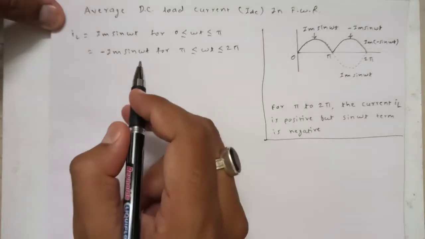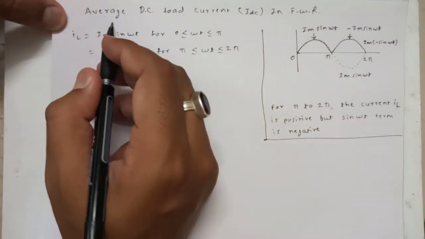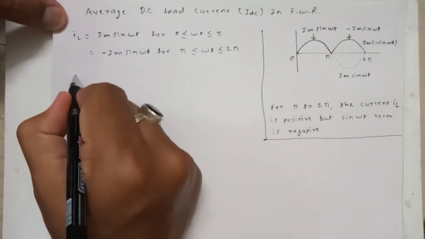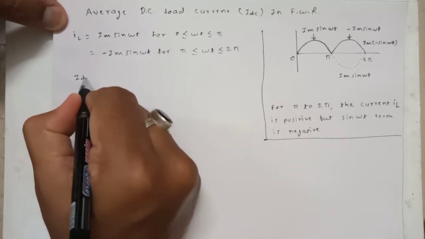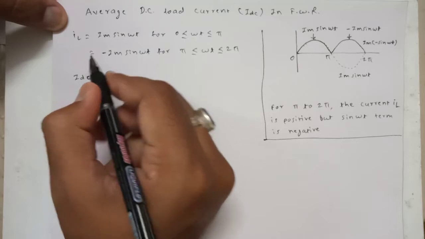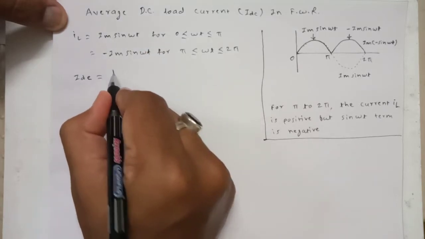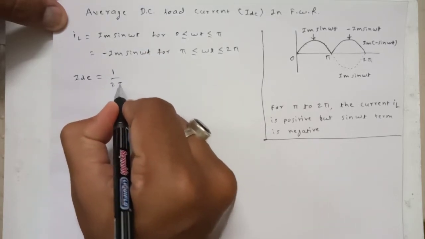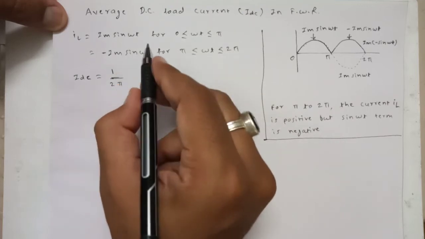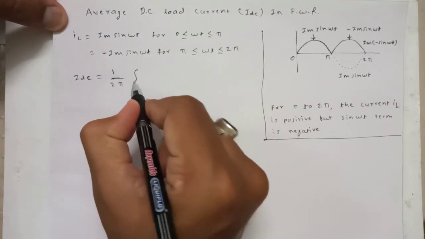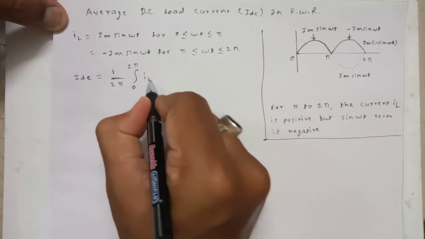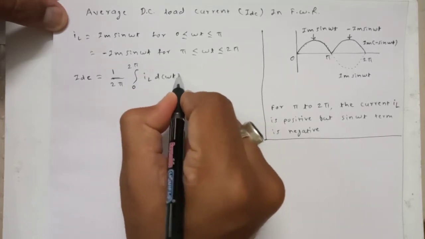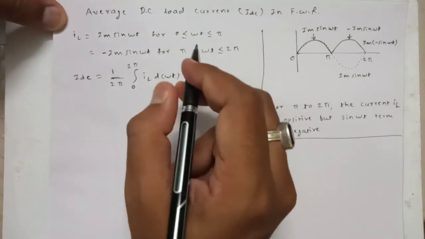So this is what we are interested in. Now in order to get the DC value of this current, which is called IDC, we consider the total complete one cycle. That's why it is 1 divided by 2 pi, and the integration limit will be from 0 to 2 pi of IL. So this is the equation for the average DC current.